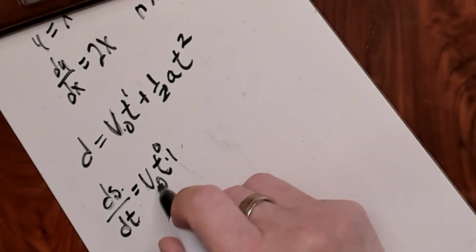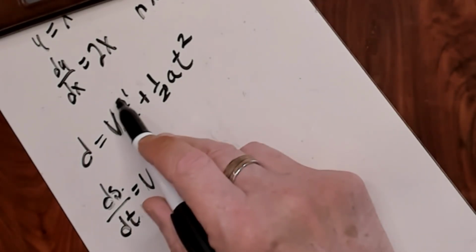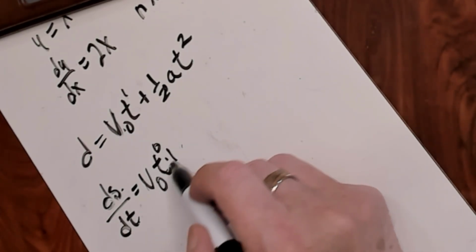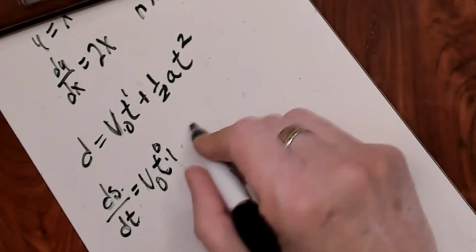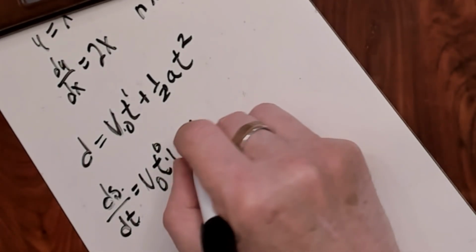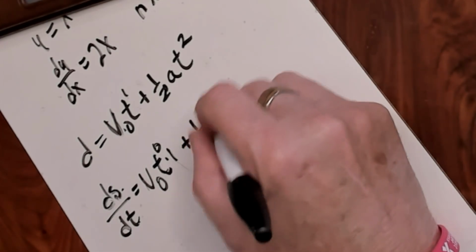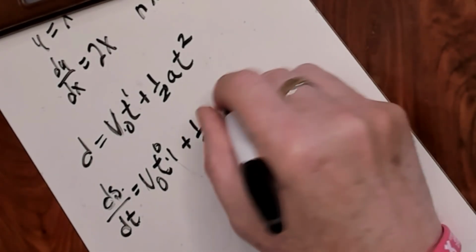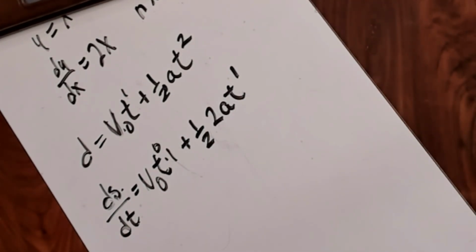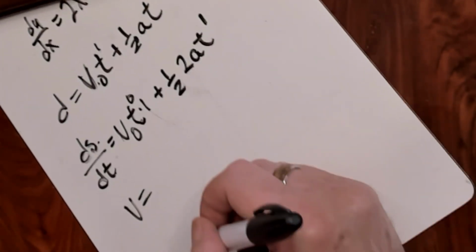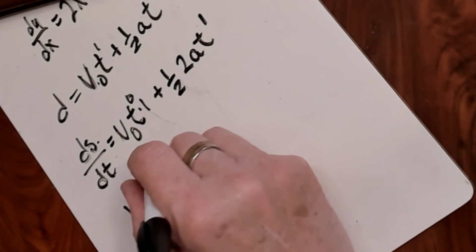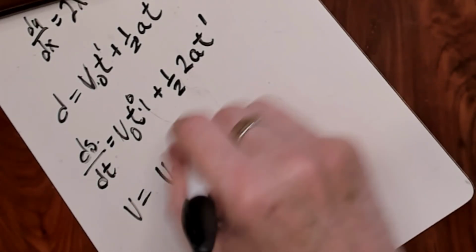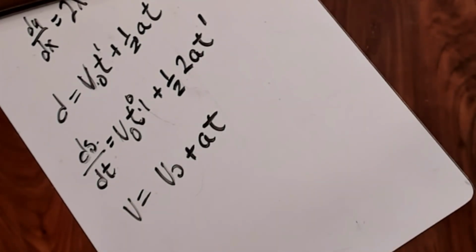So V0 stays the same. t to the 1 becomes t to the 0, which equals 1, times 1. So then we get 1/2 times 2 a t to the 1. So what's that equal? Velocity is the change in position over time, and that will equal V0 plus at.